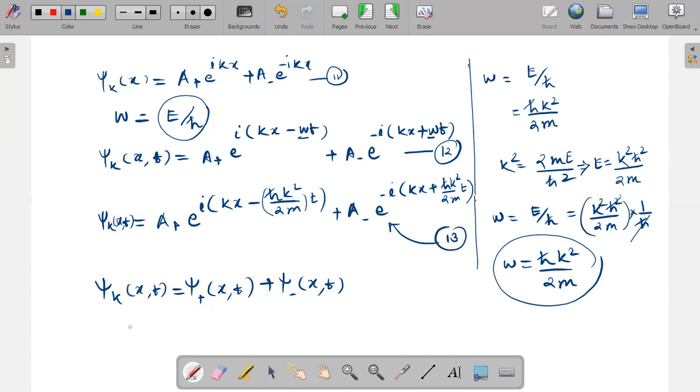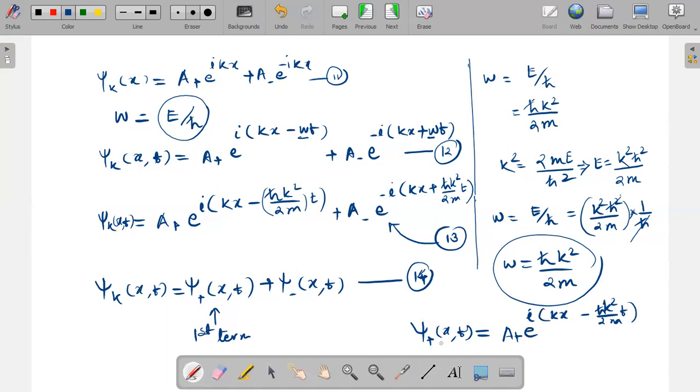Therefore, we can say that psi plus, this is the first term, which is equal to a plus. Comparing 13 and 14, we can write a plus e raised to i kx minus h cross k square upon 2m t.